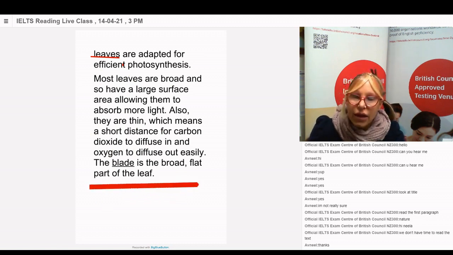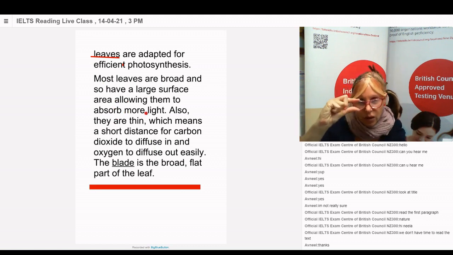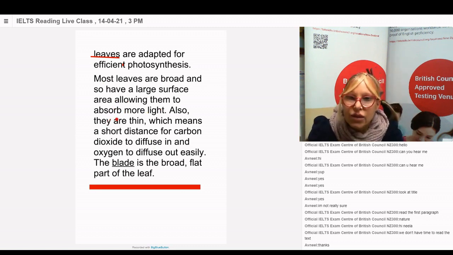So starting at the top, most leaves are broad and so have a large surface area, allowing them to absorb more light. Also, they are thin. So they're broad, which means wide, and they're thin, which means that they're not thick, which means a short distance for carbon dioxide to diffuse and oxygen to diffuse out easily.